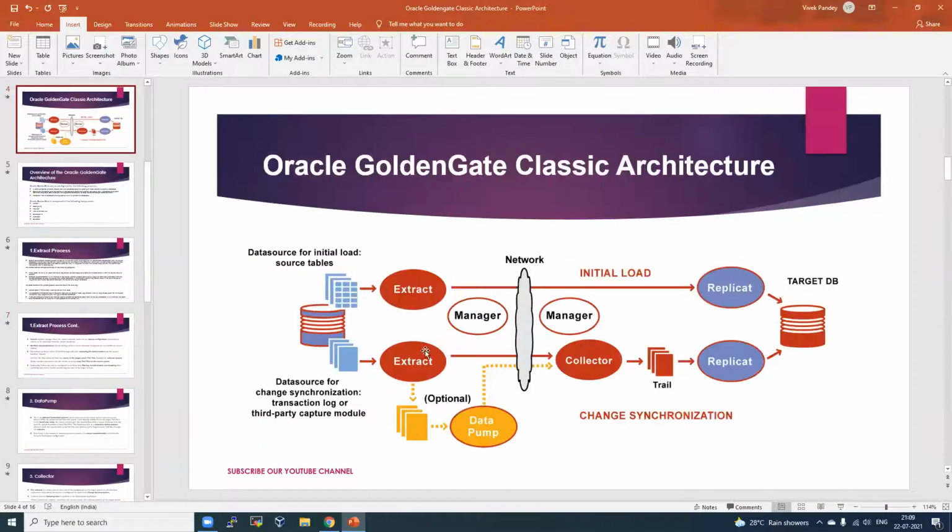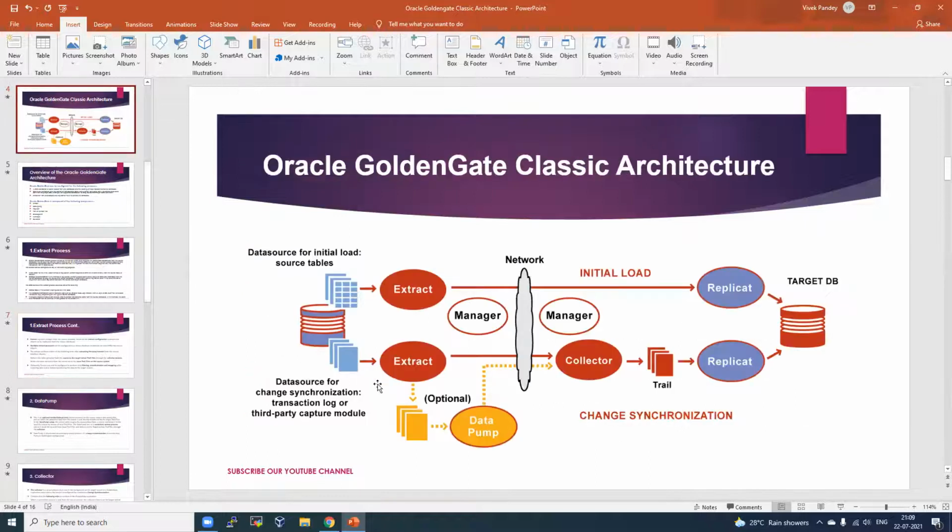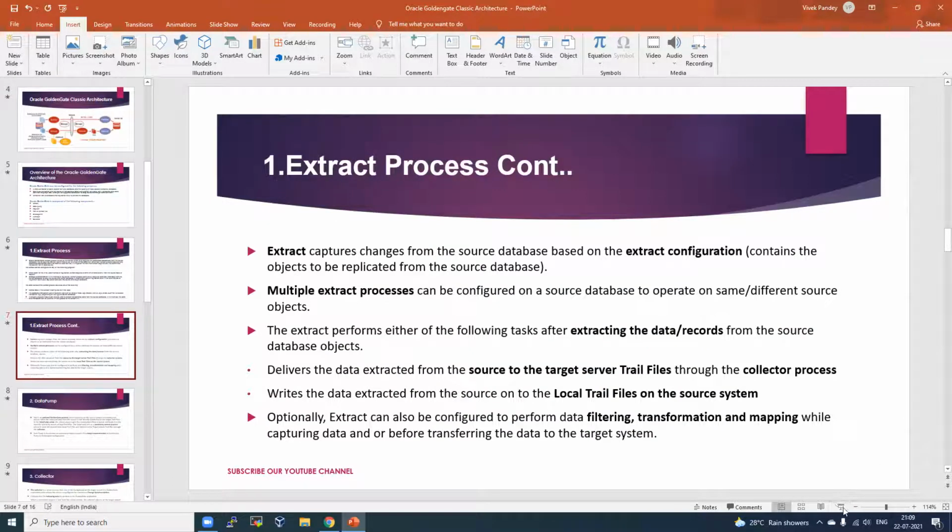If you look at the diagram, we were discussing delivery of the extracted data from source to target using the trail file. On the source side we have the trail file. The extract process captures the details and stores them inside the trail files. This is what is mentioned over here.